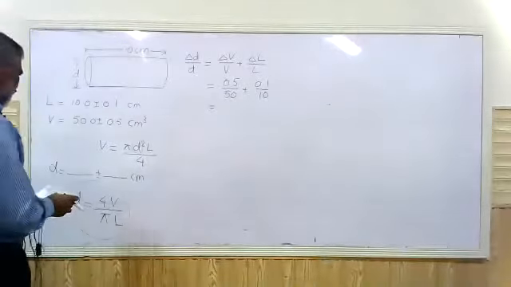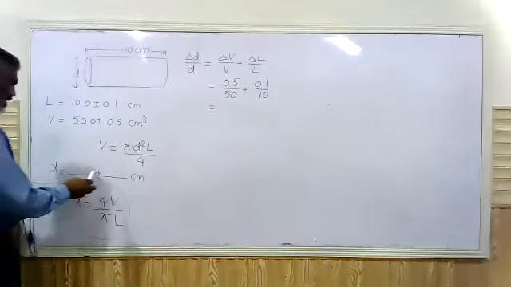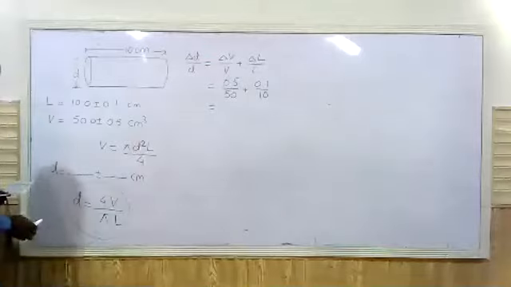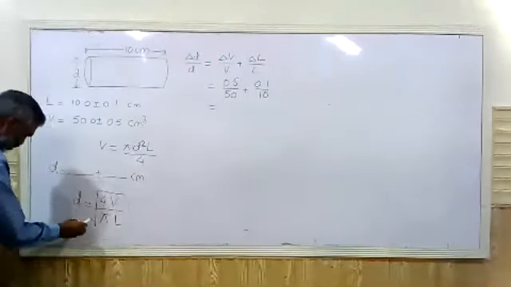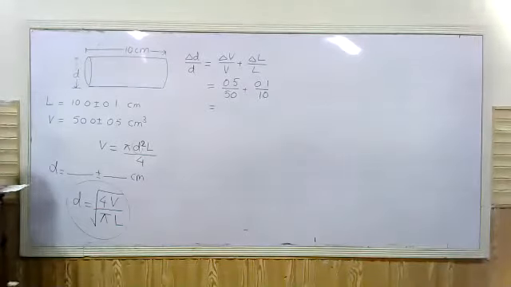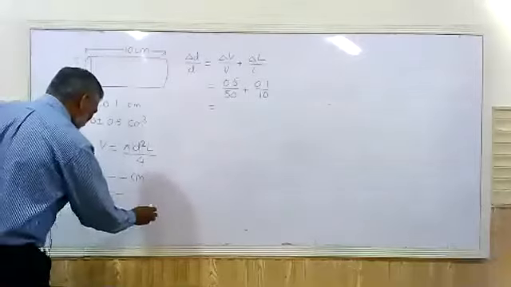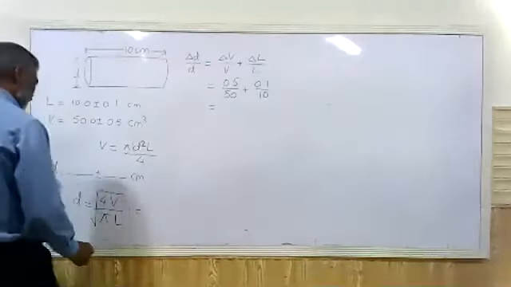one thing that I ignored here, and I must have considered, it was D square here. So because it was D square, I must have taken a root of this side. That means we have powers involved here.